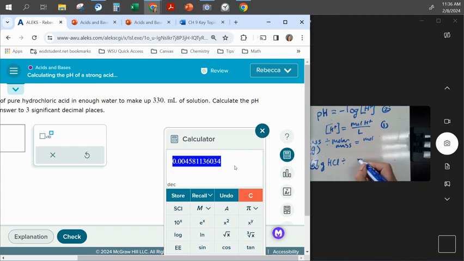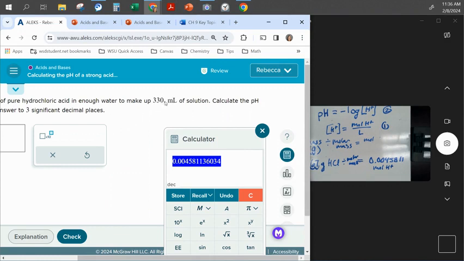All right, so we've divided by the molar mass, and we've got the number of moles of acid, but this is also the number of moles of H+. Does that make sense? So this is moles of hydrogen, because this is a strong acid, for every one of these I get an H+. All right, so then we need to divide by the volume.